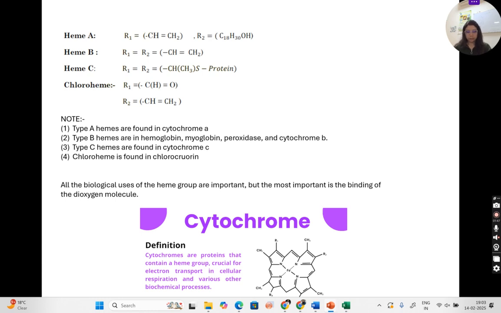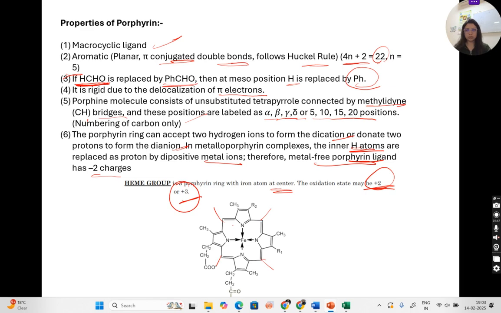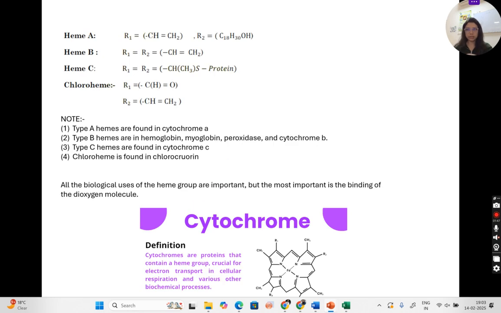And this is heme. We have different heme groups, like A, B, with different attachments at the positions R1 and R2. In heme A, R1 is replaced by this CH2 group and R2 has C18H30OH. Similarly, in heme B, R1 and R2 both have these groups.